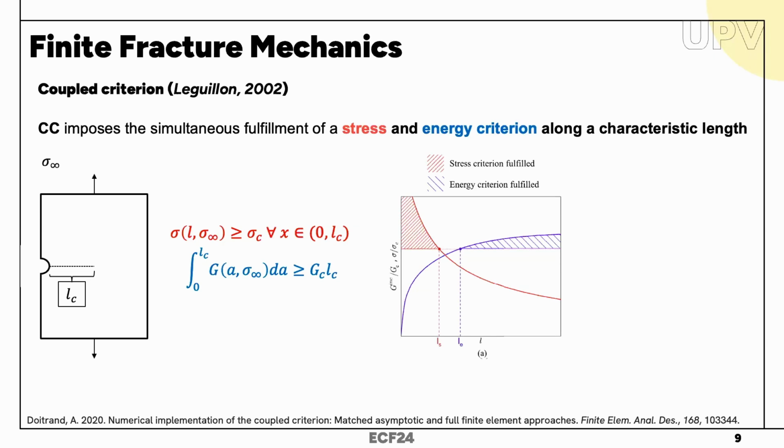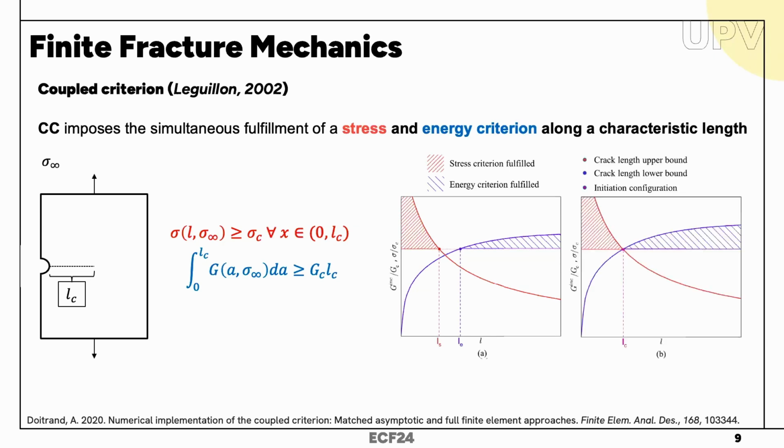Here the blue line represents the energy criterion. Because at the beginning we have no crack, it starts from zero, and it's a monotonically increasing function. When both criteria are met, you have the characteristic length and the critical load.